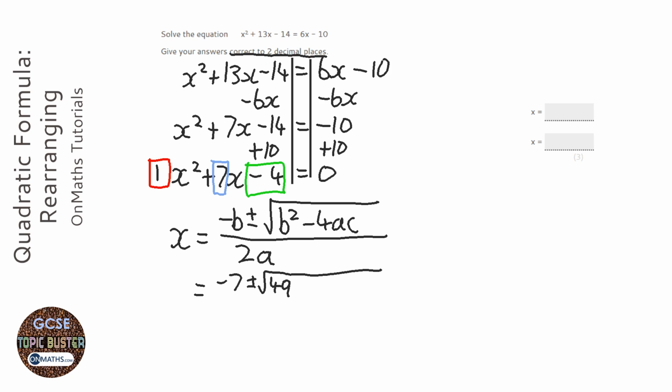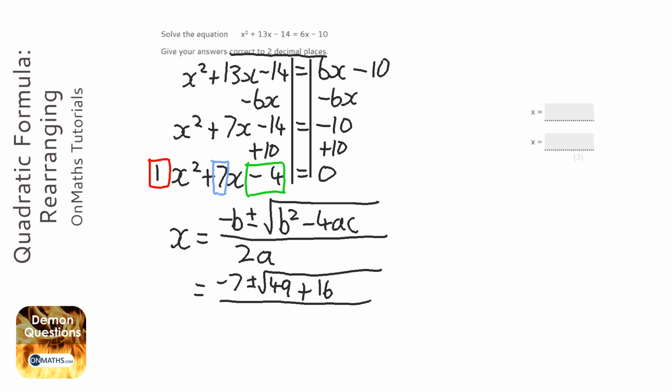Now it's minus 4 times a times c. Now a is just 1, so we can ignore that. Minus 4 times c, which is minus 4. Well, minus 4 times minus 4 is going to be a positive 16 over 2 times 1, which is just 2.